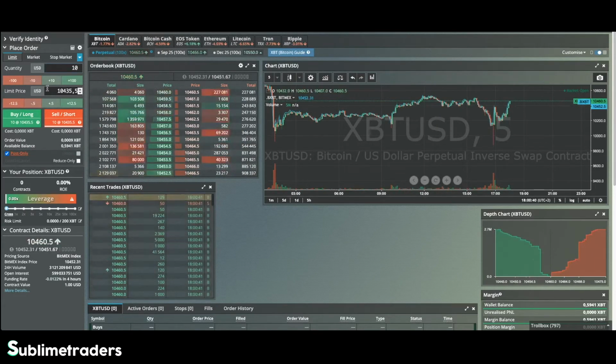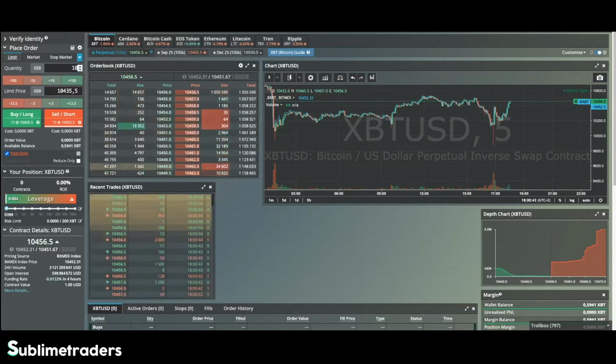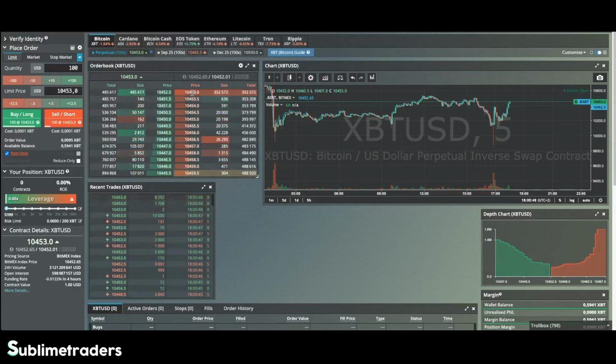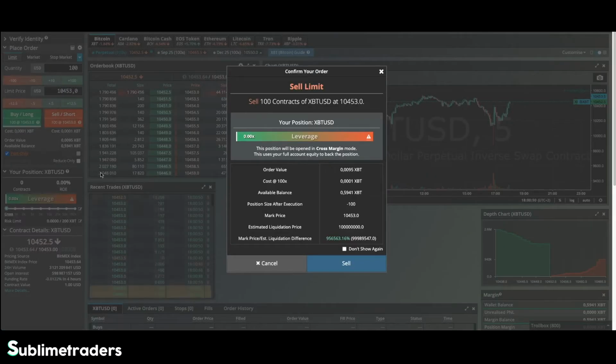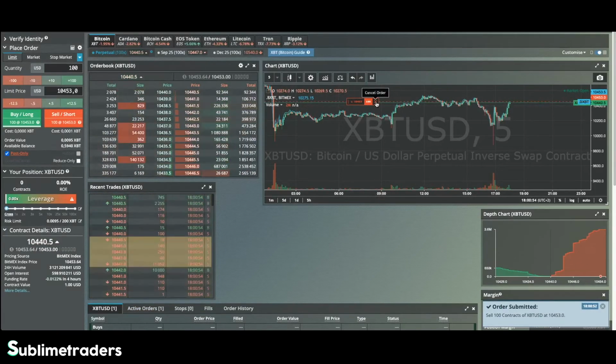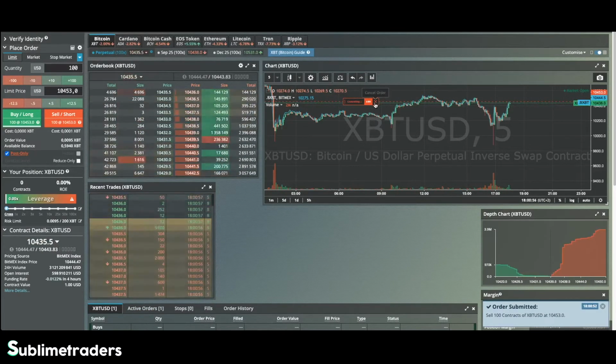I need to have a small quantity, but not this small. So if I select the last sell and I short, the order is already placed.